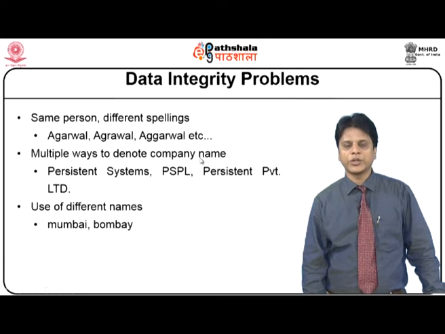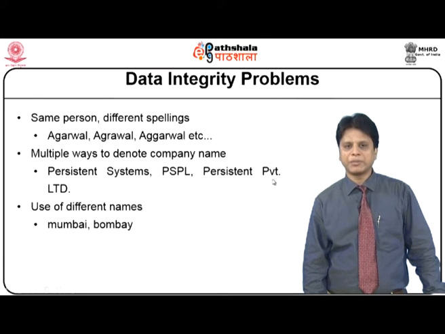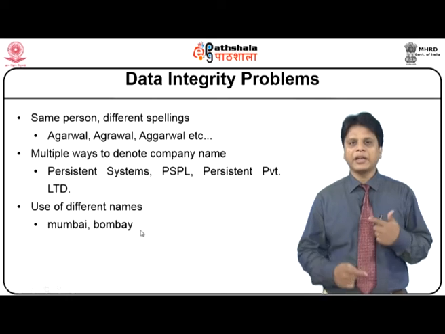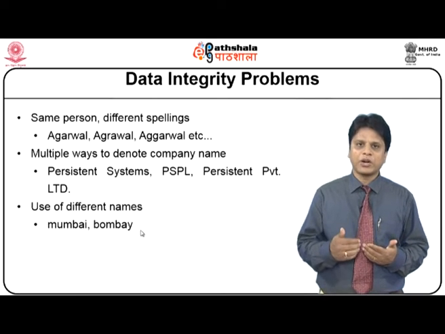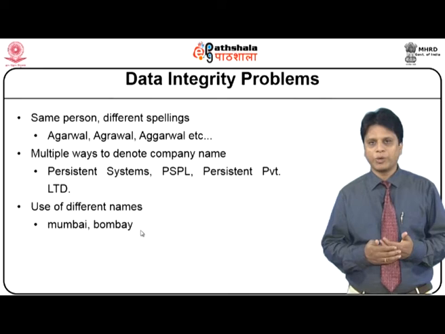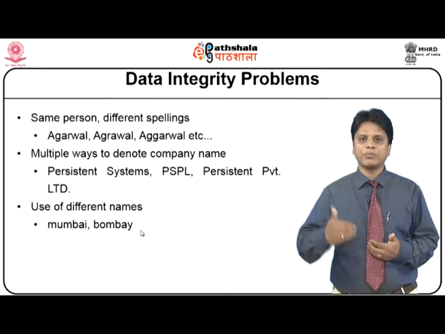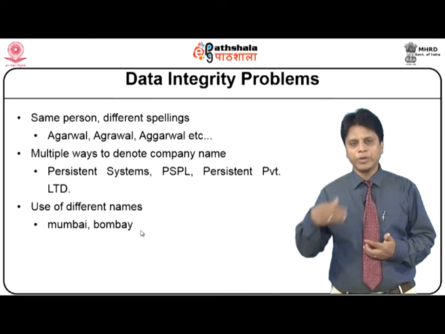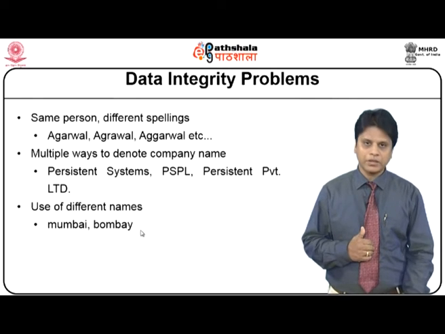There are multiple ways to denote a company's name, Persistent Systems, PSPL, Persistent Private Limited, and the use of different names for cities like Mumbai, Bombay. This would ultimately confuse the user. Sometimes some of the records in the database would have been stored with Bombay, and now that I access with Mumbai, it does not mean that Bombay should not be recovered. Bombay also should be recovered. This transformation process looks after that.